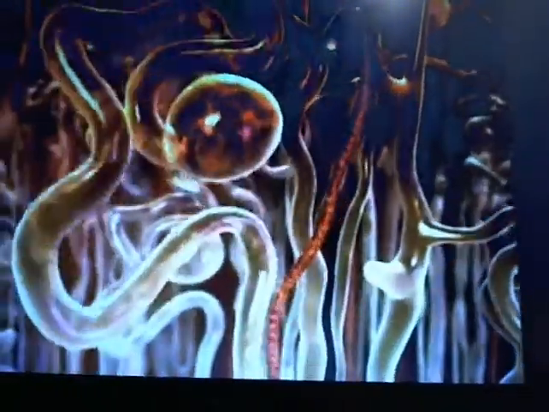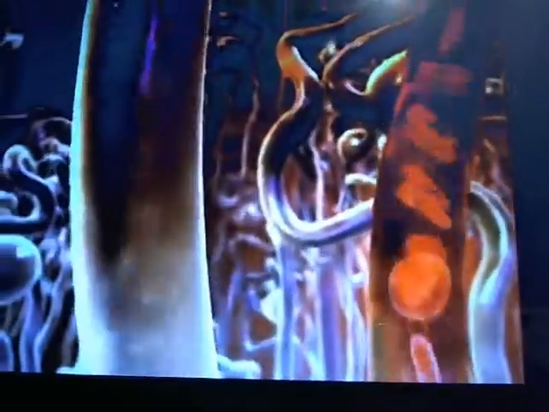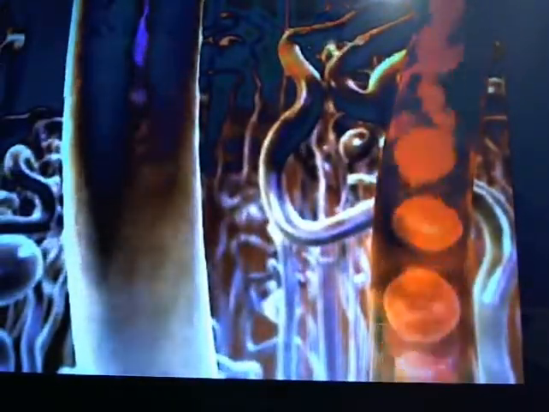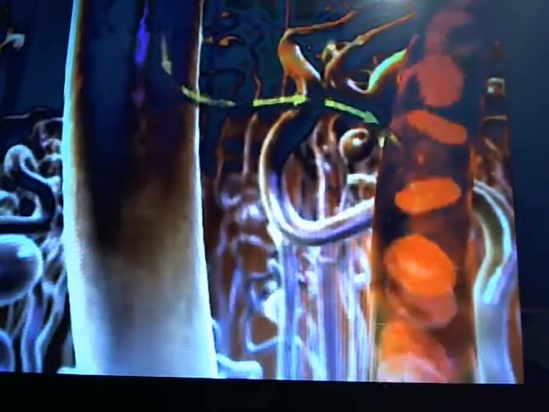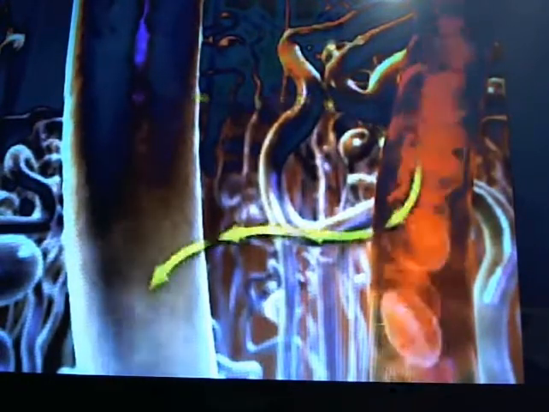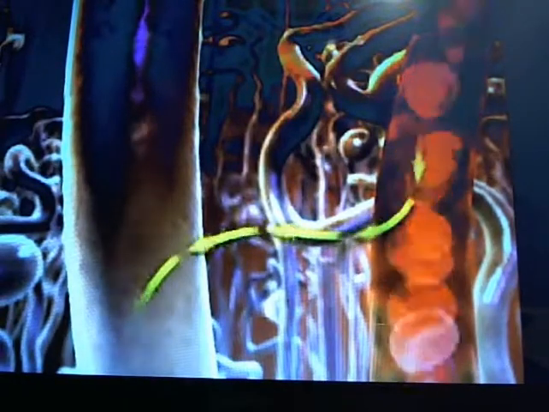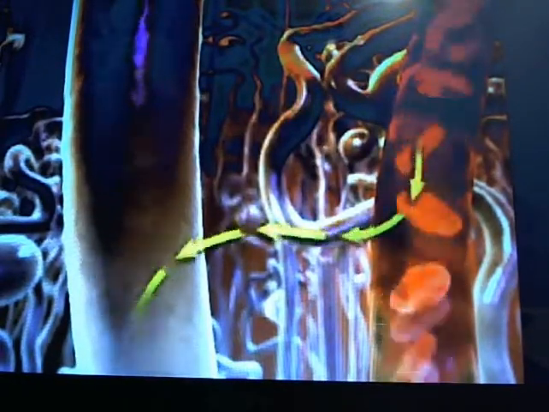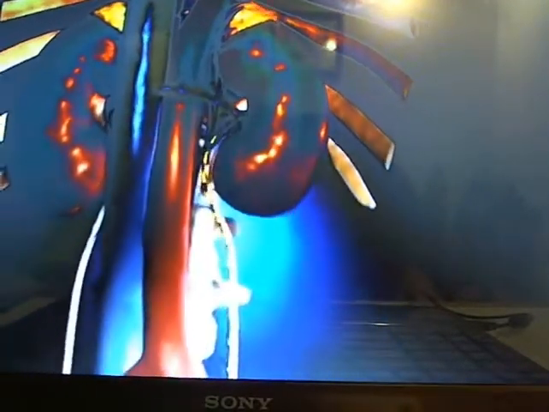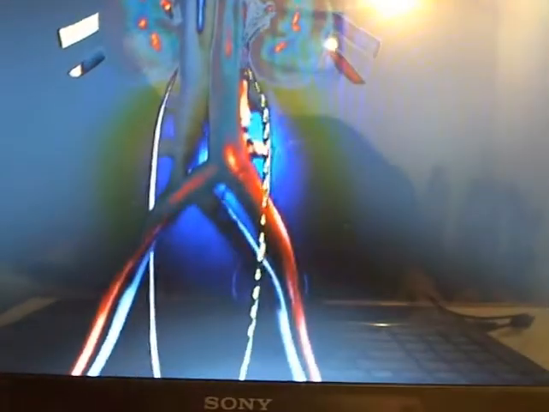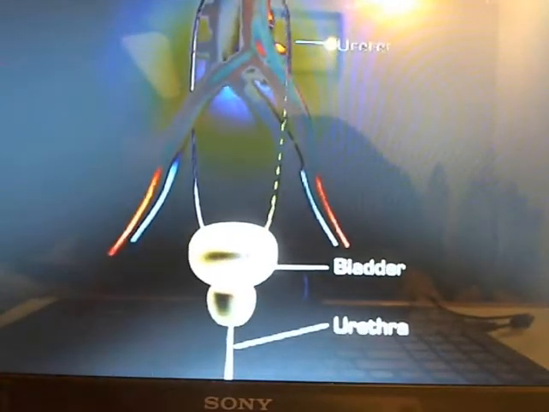From Bowman's space, the glomerular filtrate moves into the tubular segments of the nephron. Here, through tubular reabsorption, electrolytes and nutrients move from the filtrate back into the bloodstream. Here also, through tubular secretion, substances move from the peritubular capillaries into the urine filtrate. The filtrate concentrates in the collecting tubules, then finds its way to the renal pelvis, where it is directed to the ureter, the bladder, and the urethra for elimination.